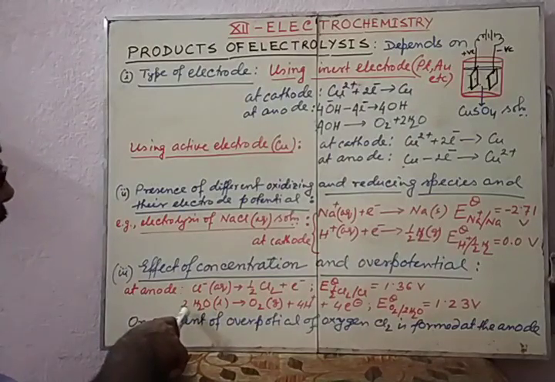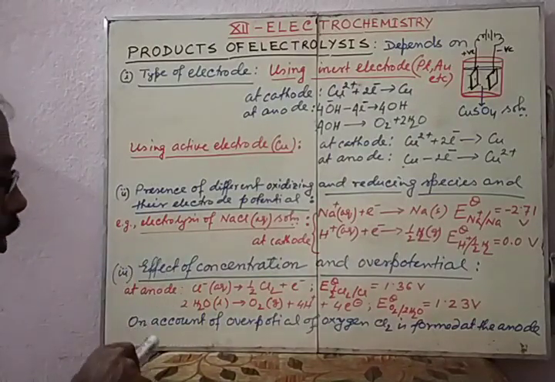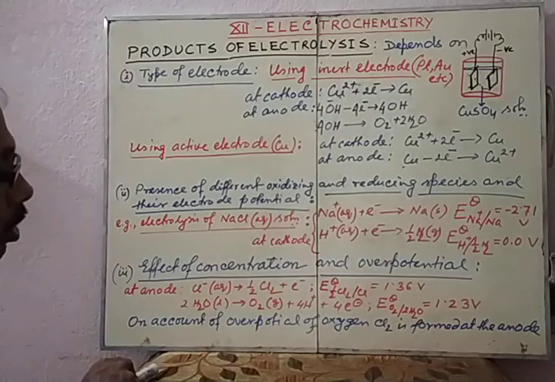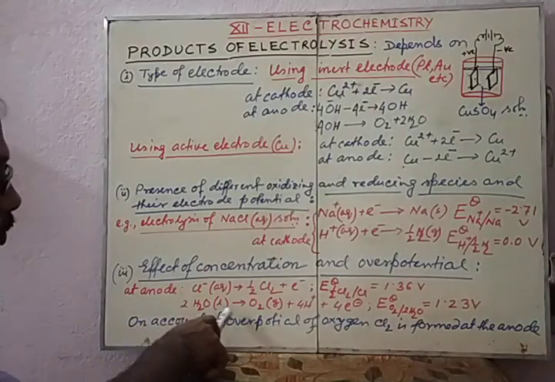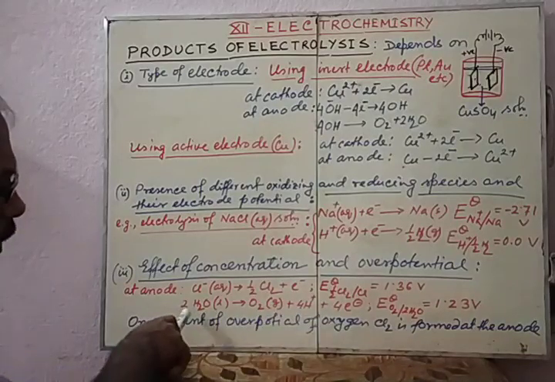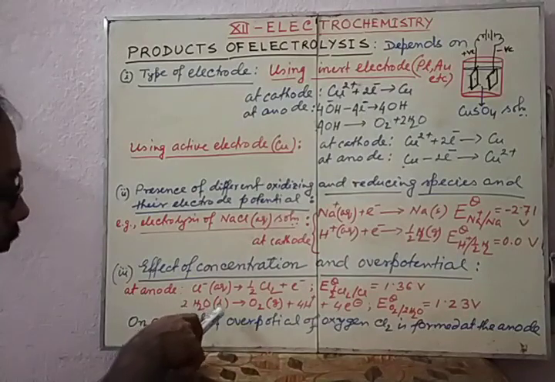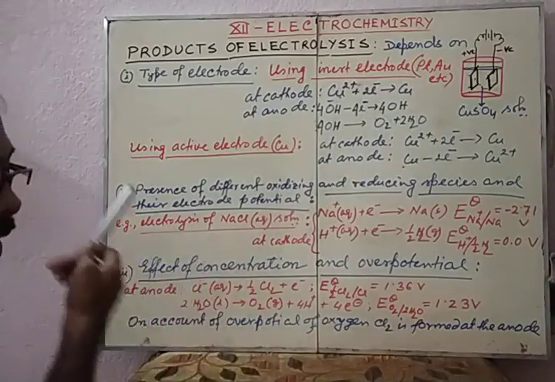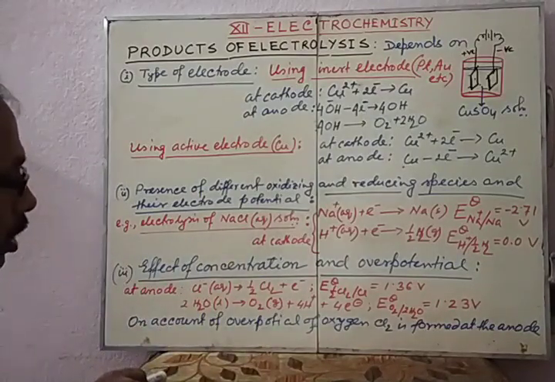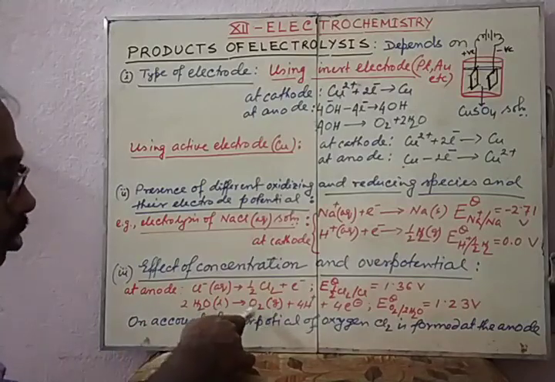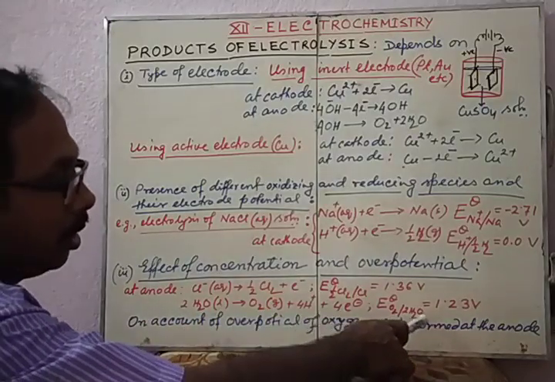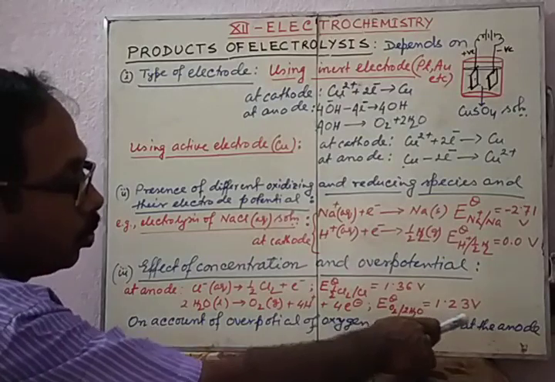The OH minus ion can also be discharged at the anode. The corresponding reaction is water being converted to oxygen, that means OH minus being discharged and forming oxygen. For that, the E0 value is 1.23 volt.